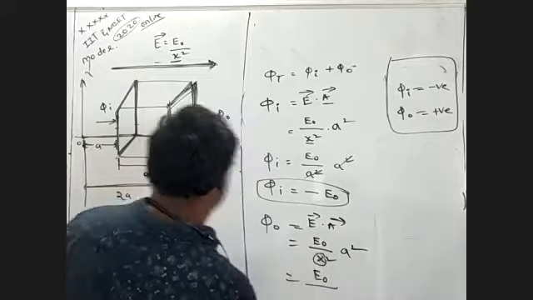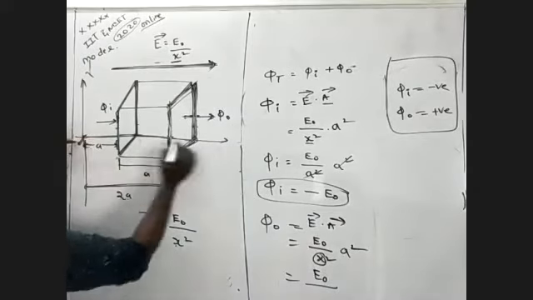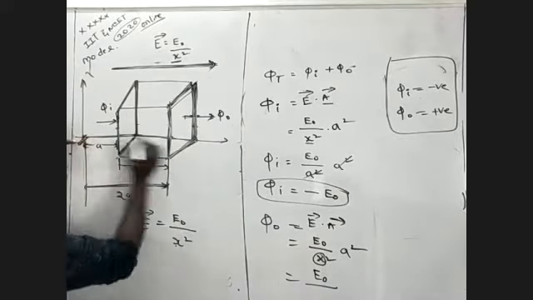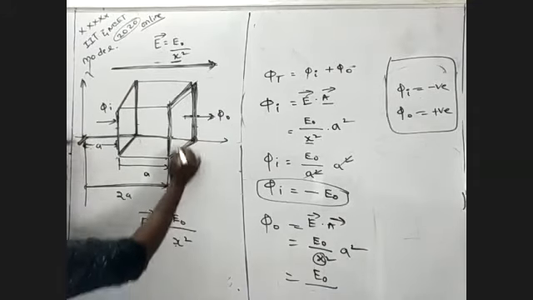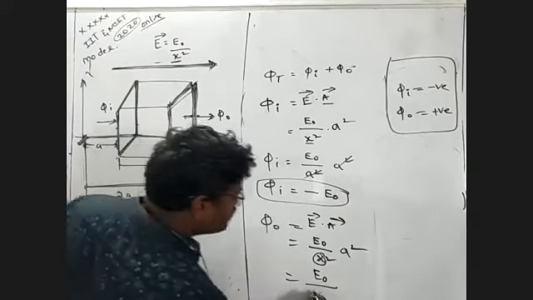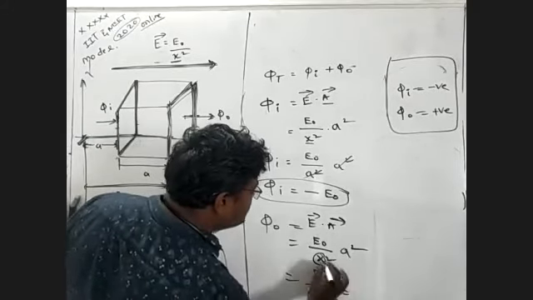Now E naught. This X means the distance from here to here. What is the distance from here to here? It is 2a, whole square. X means the x-axis.